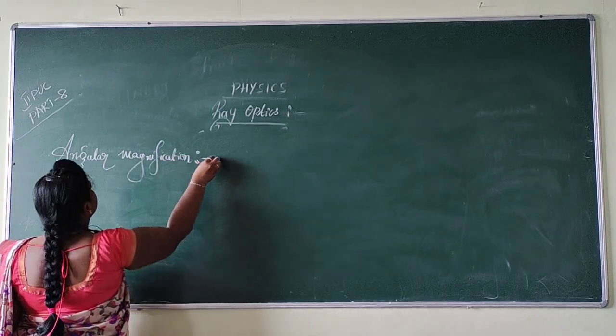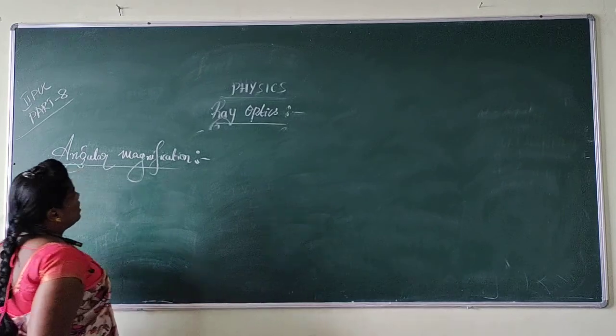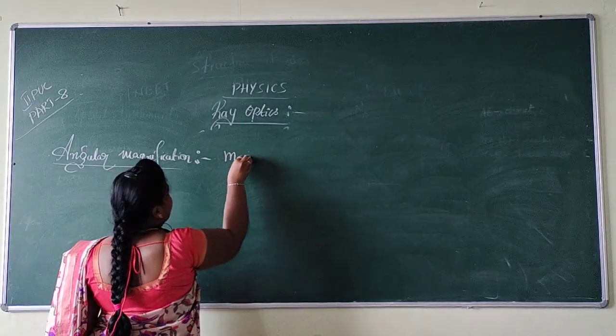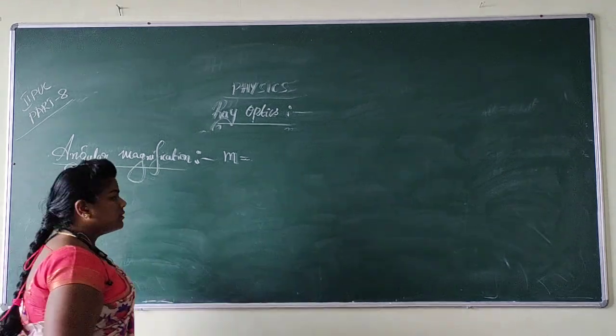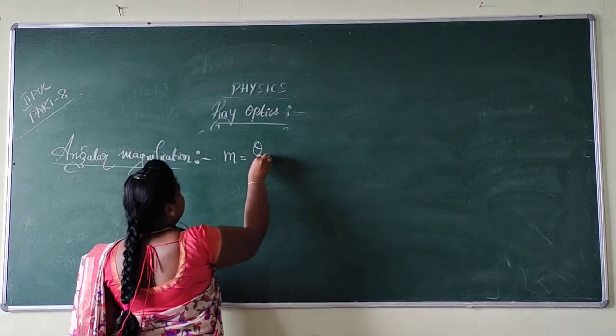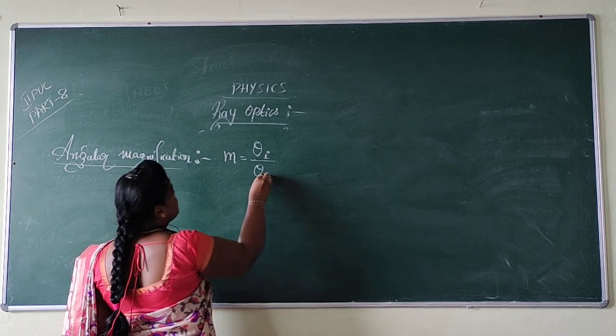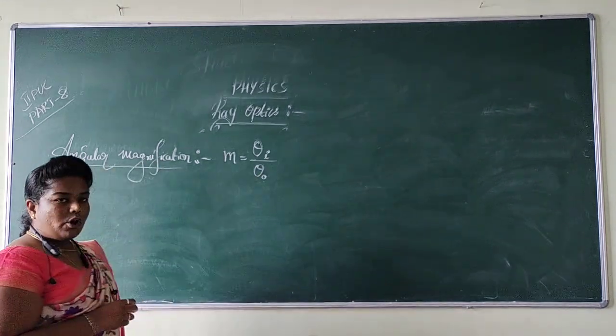My dear students, angular magnification is also represented by the symbol m. For this, first I will write the formula theta I divided by theta naught. I represents the image, O represents the object.